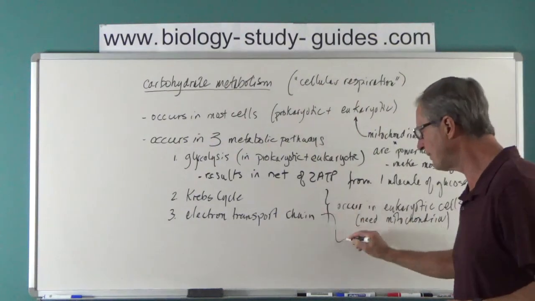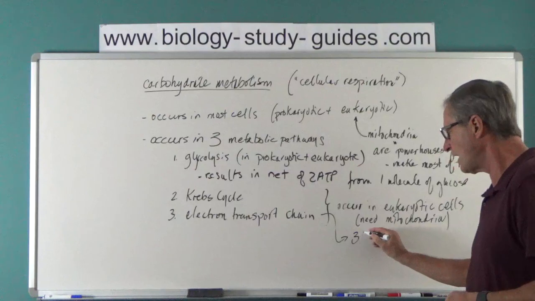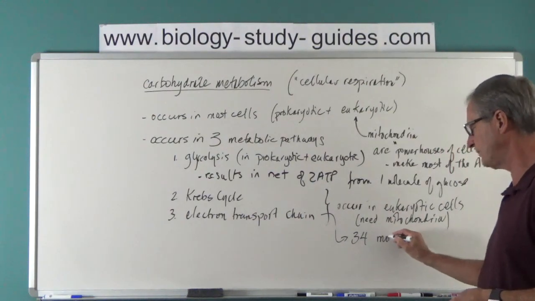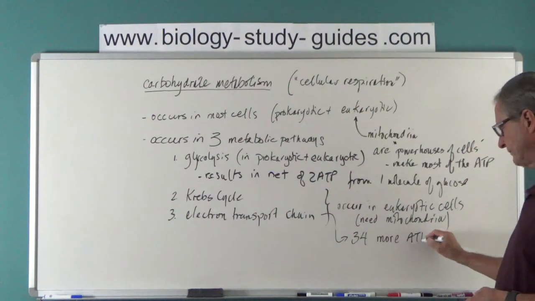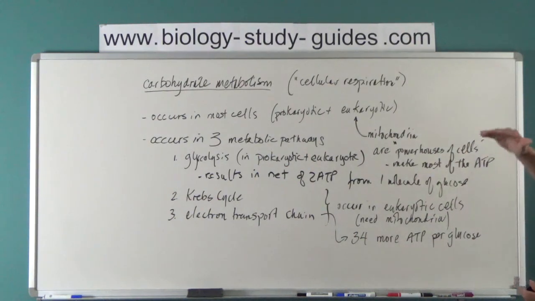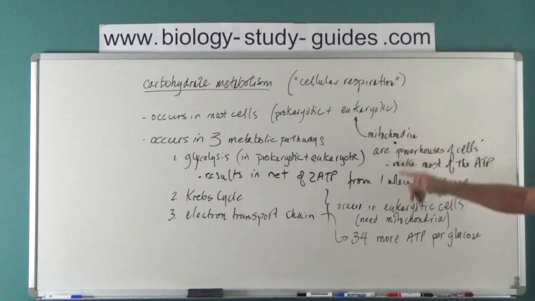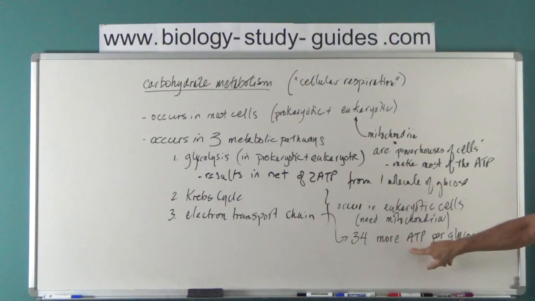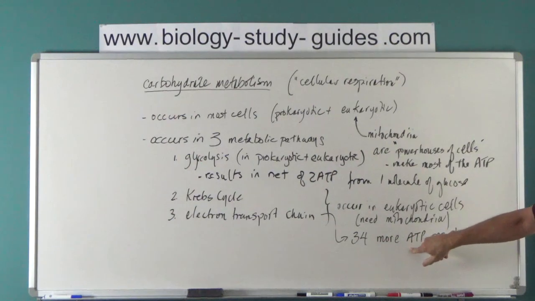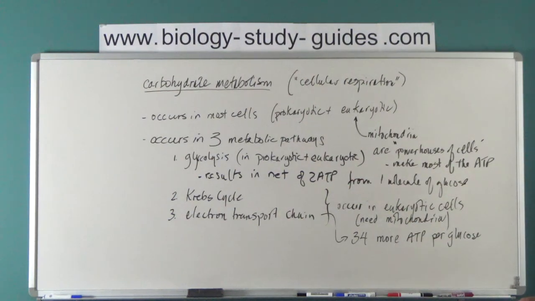And these 2 combined, when you take the effects of both of them, result in the production of 34 more ATP per glucose. So now if you look at it, the mitochondria are considered the powerhouses of cells because they get a lot more ATP production than just the simple 2 that you have with glycolysis.